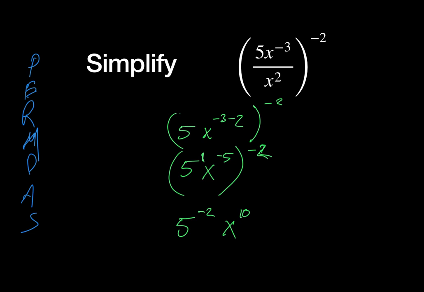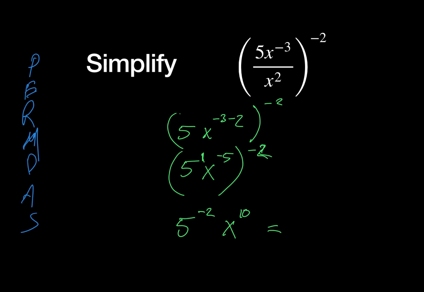Now that I've been able to work through combining bases, I've worked through getting rid of the parentheses, I look at what I have left and say, well, 5 is one type of a base, x is another type of a base. They cannot be combined. They are different variables or different items. They have different bases. If they're different bases, I cannot combine. So then all I have to do at that point is say, well, ideally, we want to have positive exponents only.